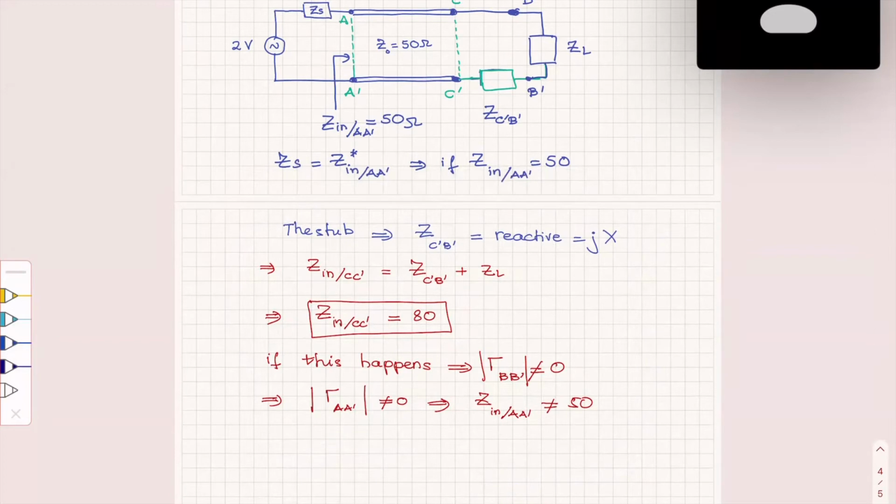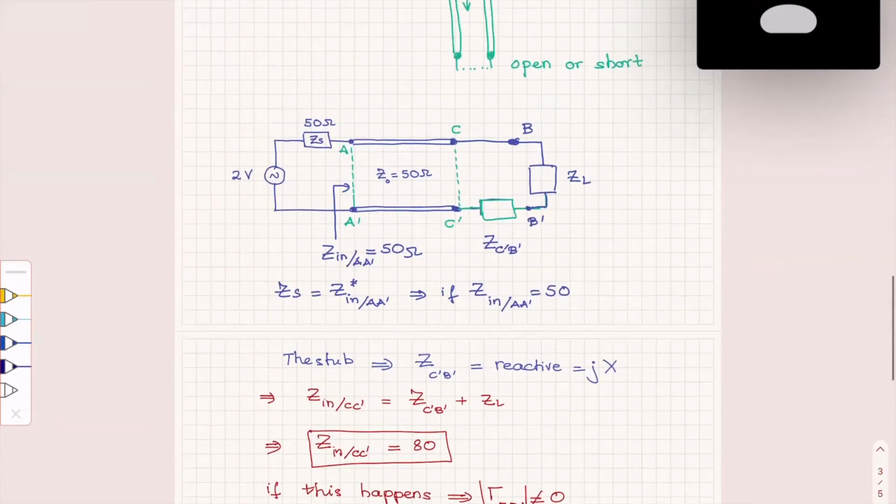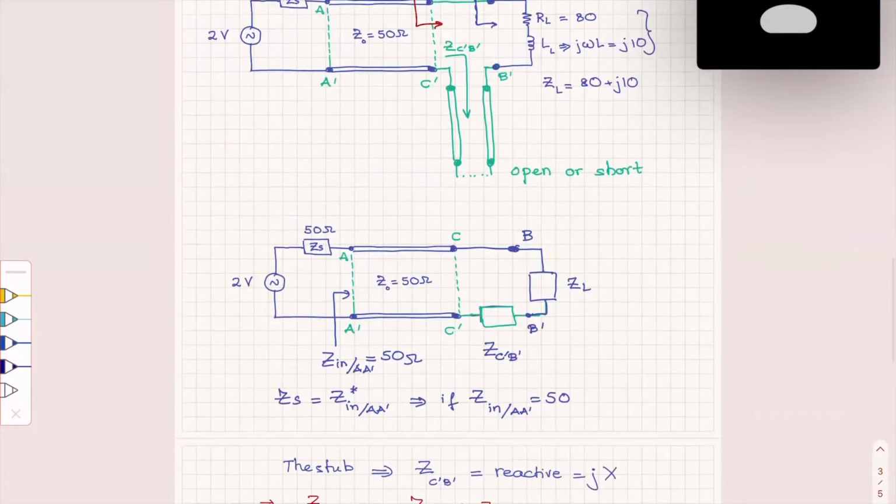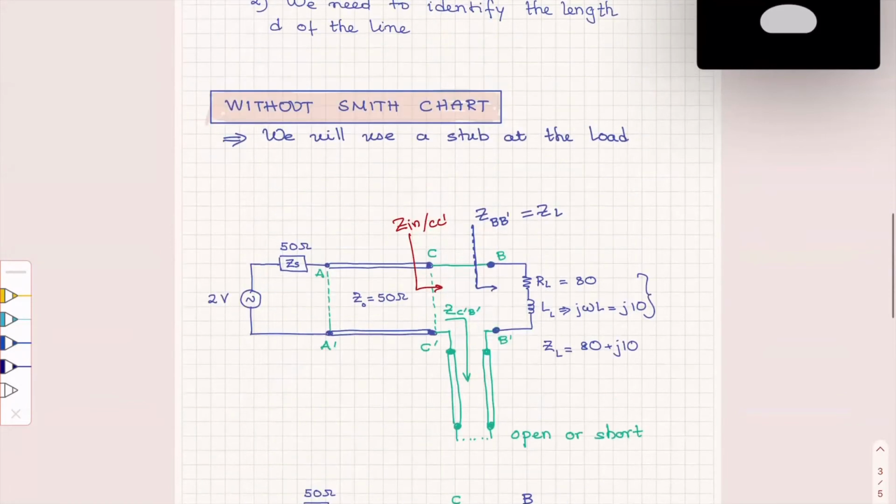So instead of then trying to do all of this, if you don't want to use the Smith chart, my advice is go to the Smith chart, because the Smith chart is going to give you the correct solution without second guessing. All right. Because this is second guessing here. We guessed that we could solve the problem like this. So without the Smith chart, we cannot solve it.